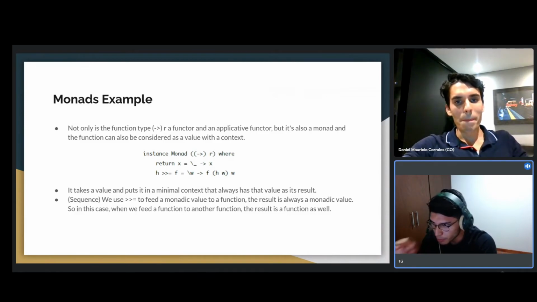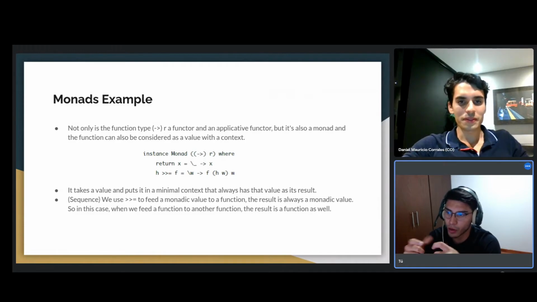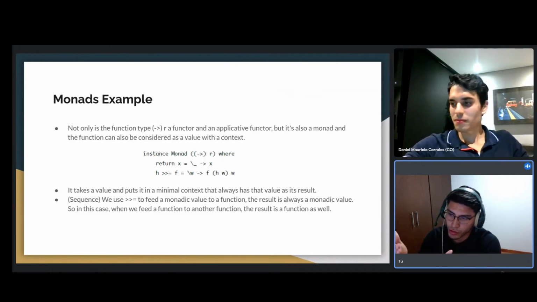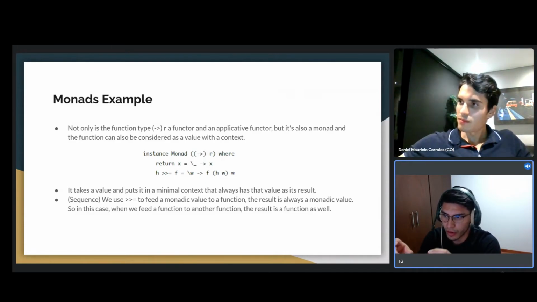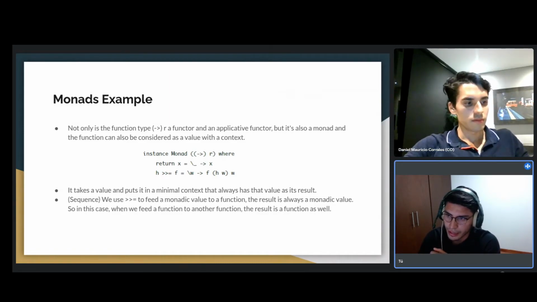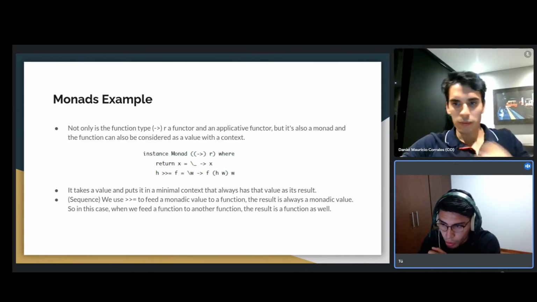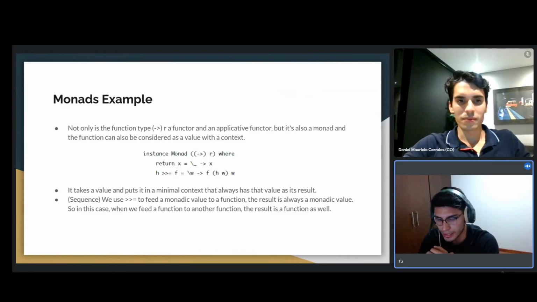Okay, for example, when we instantiate a monad and we have a constraint that returns an operation, we have a functor or applicative of that functor that can also be a monad. Second, it takes a value and puts it in a minimal context that always has that value as its result.